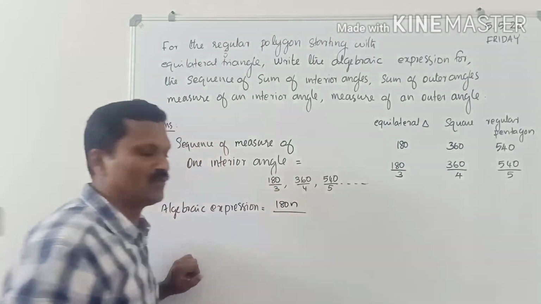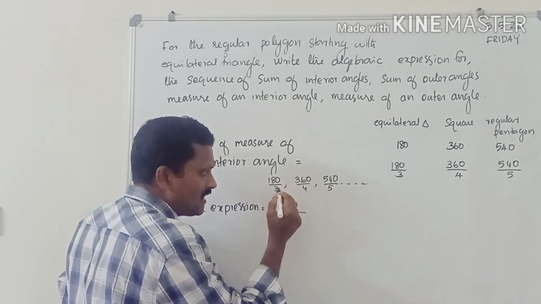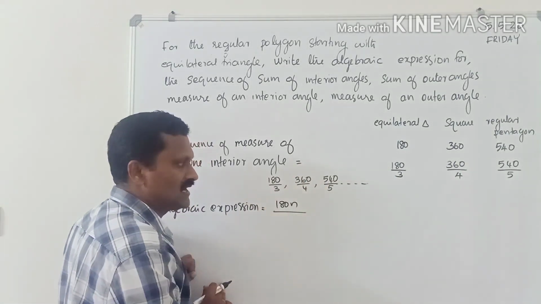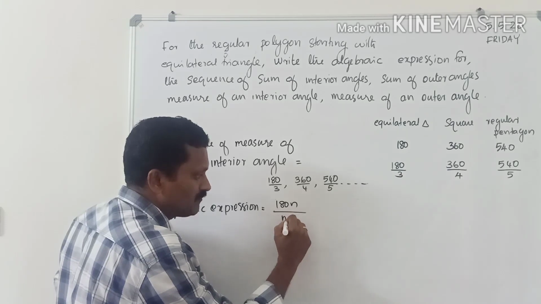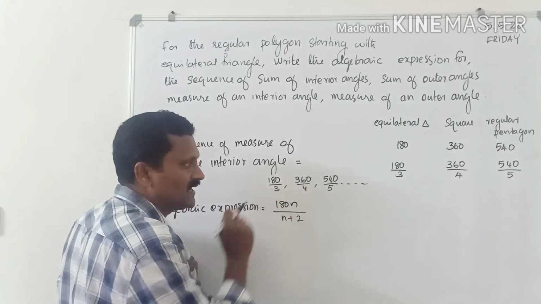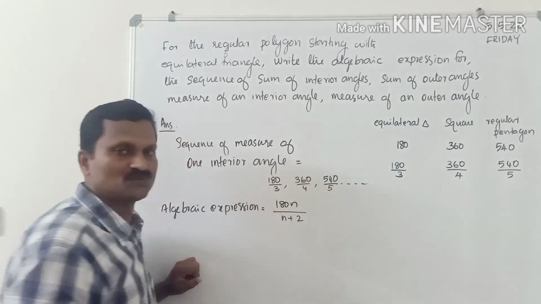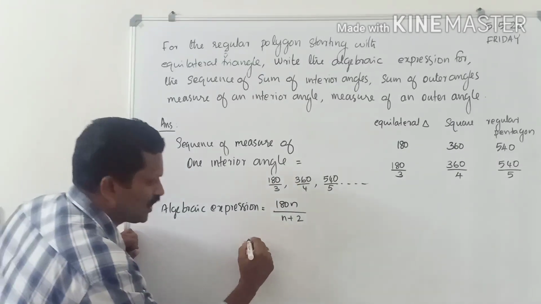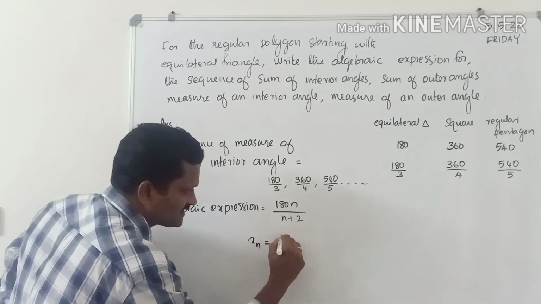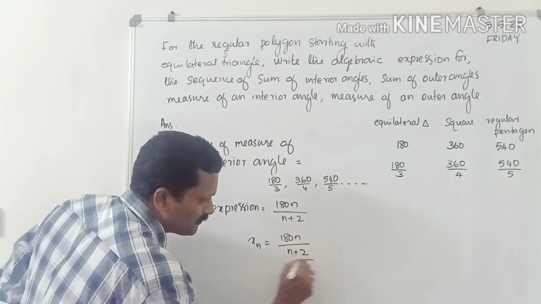And what about denominator? Denominators are 2 more than natural numbers, that is n plus 2. If the natural number is n, then 2 more than the natural number: 1 plus 2, 2 plus 2, 3 plus 2, etc. So, the algebraic expression xn equal to 180n by n plus 2.